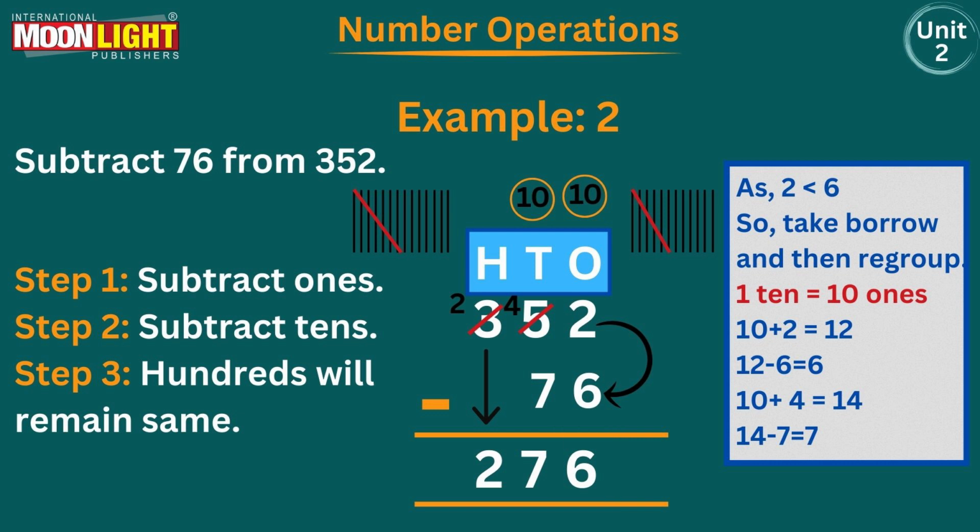Now I am going to do the second step, which is subtract tens. Here I have the number 4 and the number 7, which means 4 is less than 7, so I have to borrow from the number lying at the hundreds place.